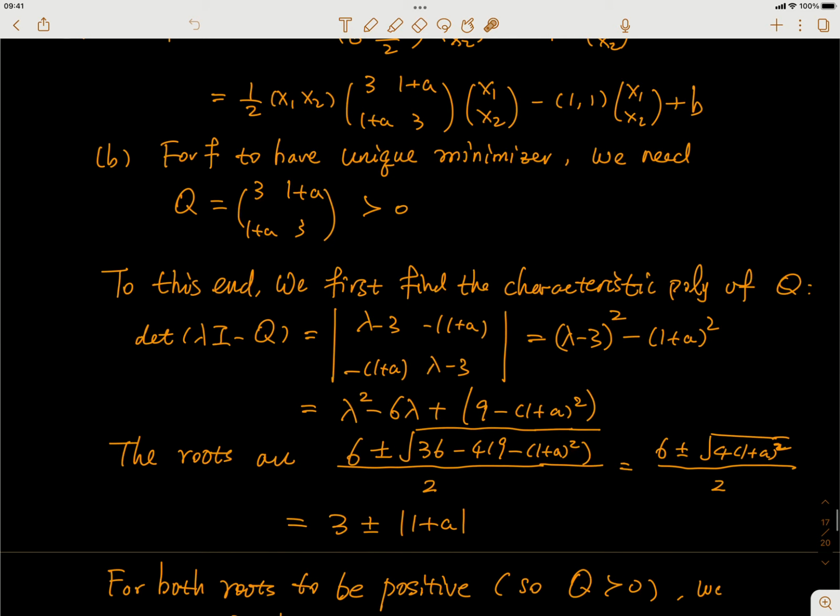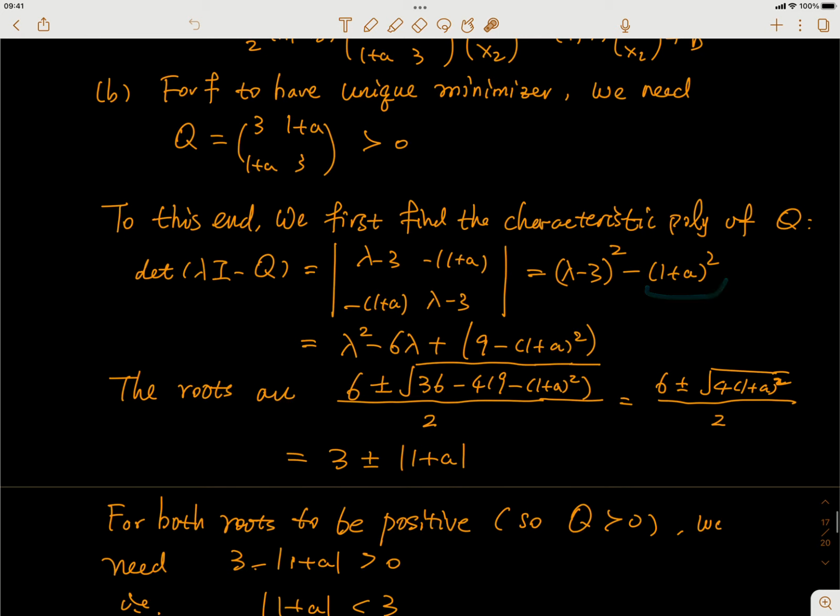Okay, and I break the parentheses here, we'll get this lambda squared minus 6 lambda plus 9, and then we'll combine the 9 and this term, which is supposed to be a constant. So I combine them. Now, what are the roots of this polynomial? For quadratic polynomials, or polynomials of degree 2, the roots have a closed form, right?